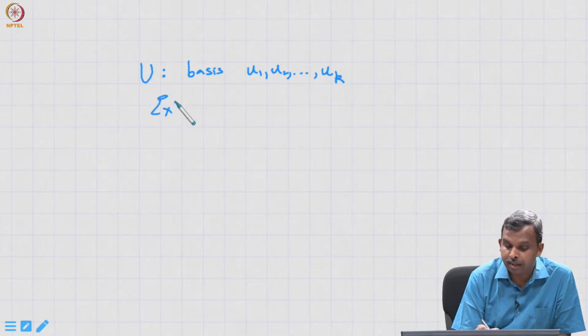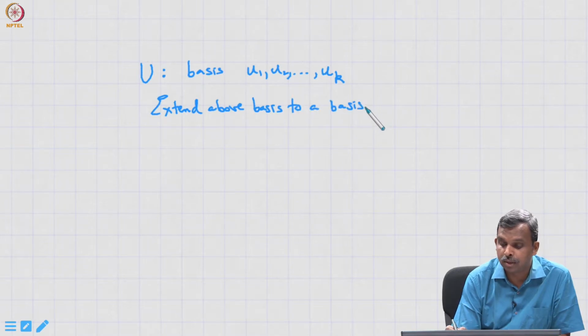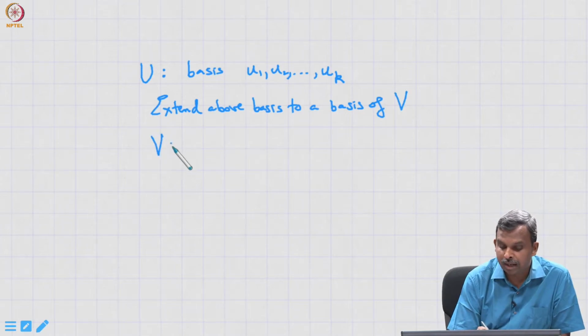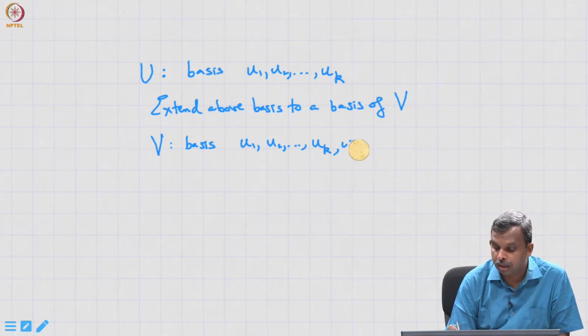We will extend the above basis to a basis of V. This is crucial, a basis of the entire vector space V. Then V will have a basis U1, U2, up to UK, W_{K+1}, W_{K+2}, all the way up to WN.